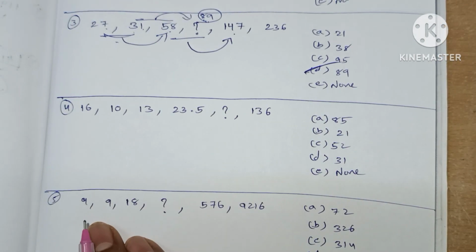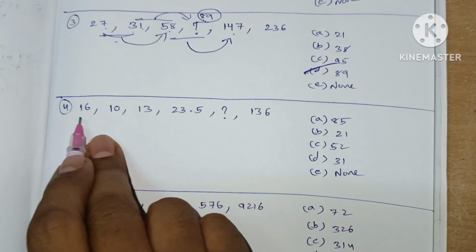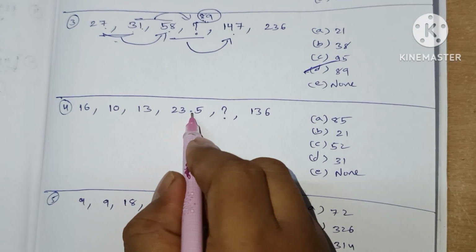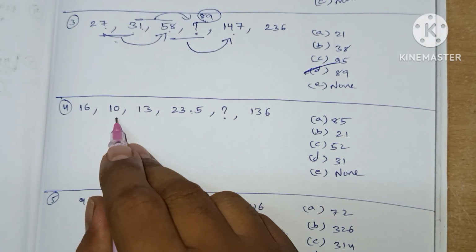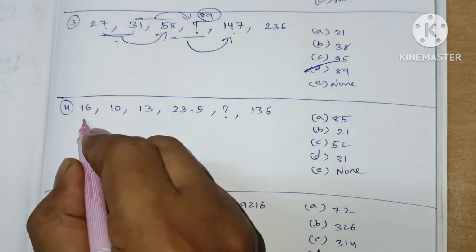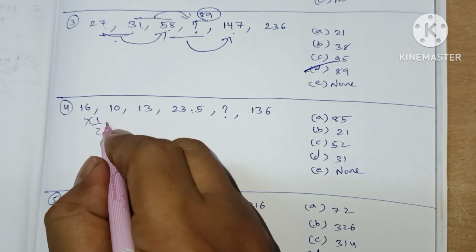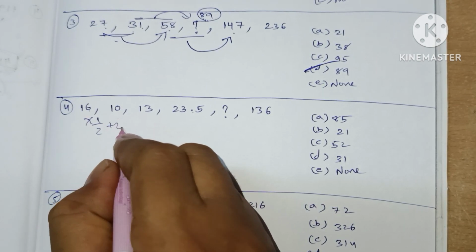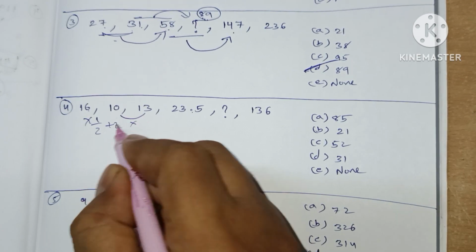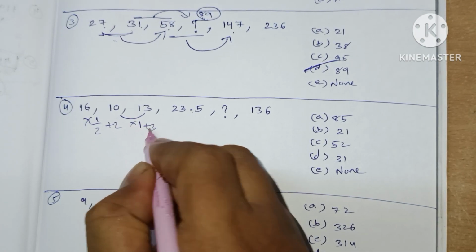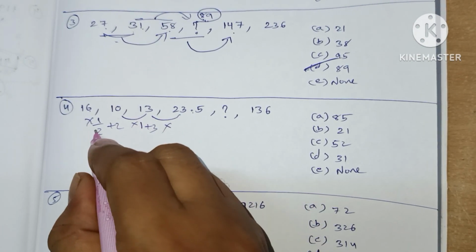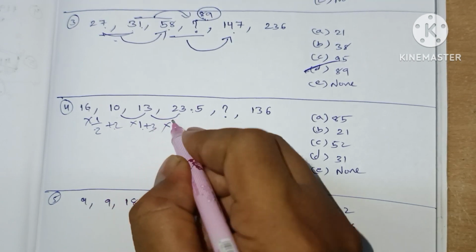Next one, fourth question. Here we got 0.5. First decrease and then increased. So it is into half times. 16 half times will be 8. 8 plus 2. It is into 1 plus 3. Half becomes 1. 2 becomes 3. Okay.